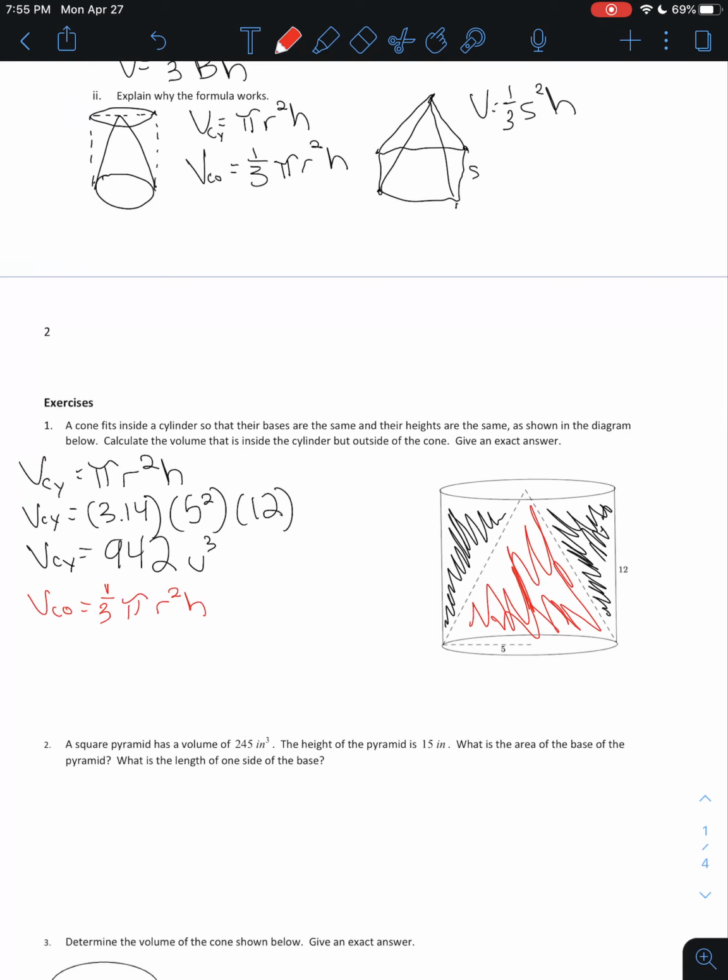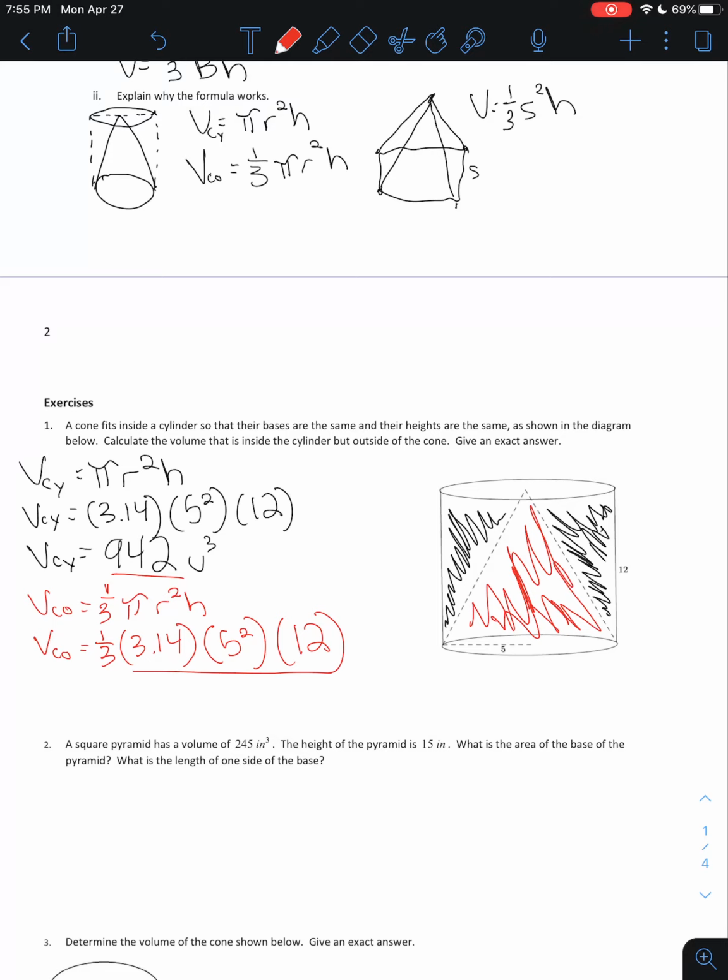So again, we can just plug in all the numbers we have. So 1/3, for pi we're going to use 3.14, radius squared is the same, times height is 12. Now we can be a little lazy here. We actually already know what the answer to that is, the same as this. So it's just 1/3 times 942.